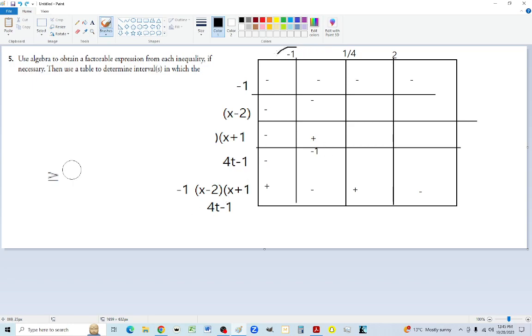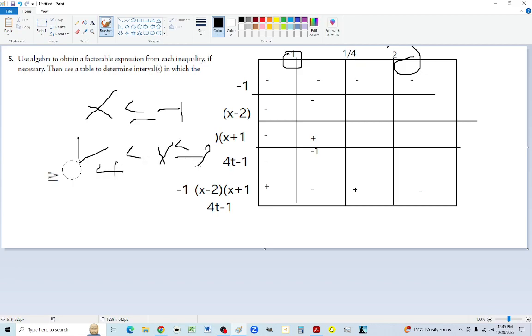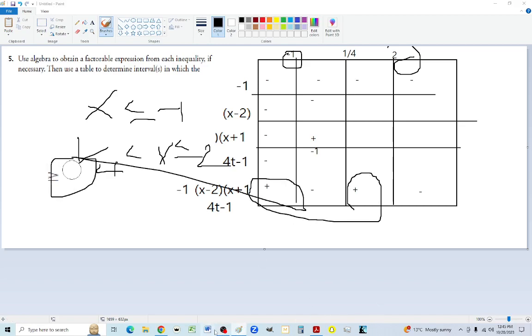But this is, and this is. So it's x is smaller or equal to minus 1, or a quarter is smaller to x, which is smaller or equal to 2. Because it has to be bigger or equal to 0, and these are the zones where it's bigger or equal to 0. Okay, I got to pause.